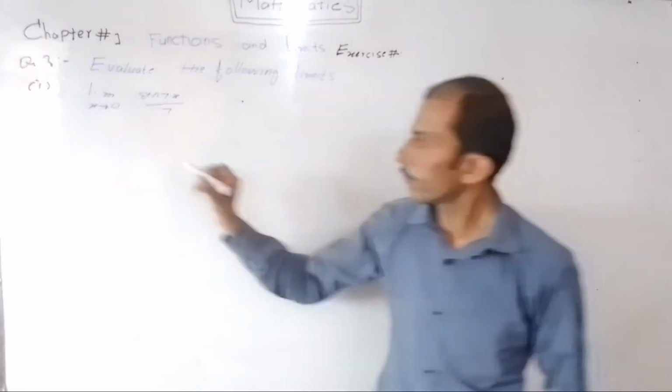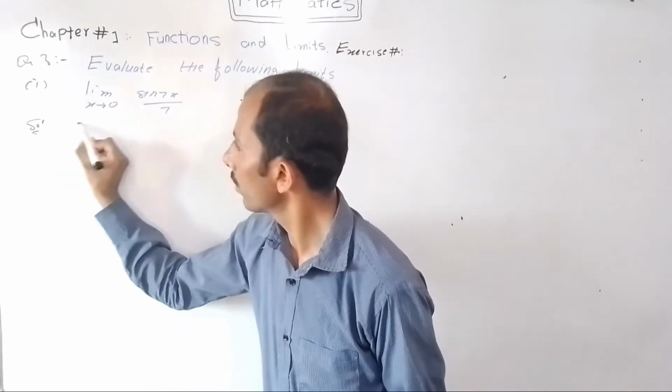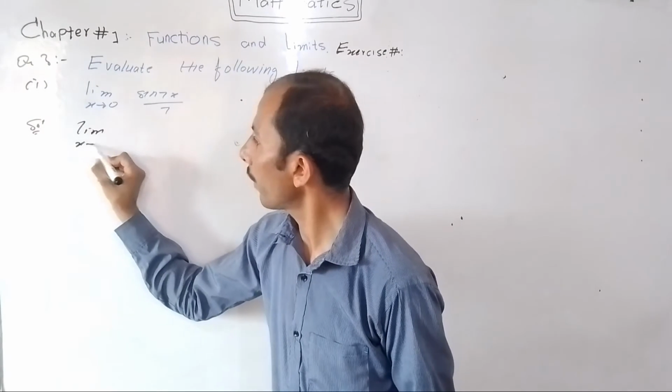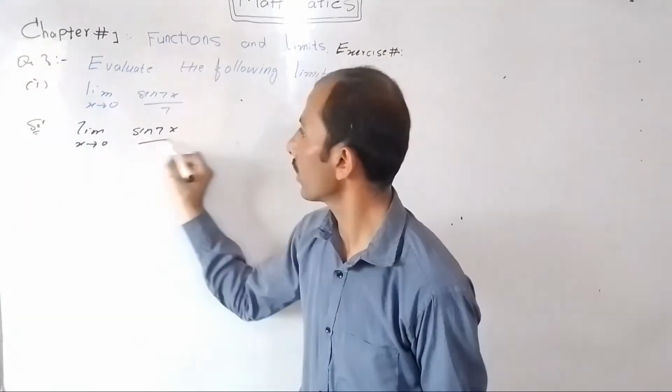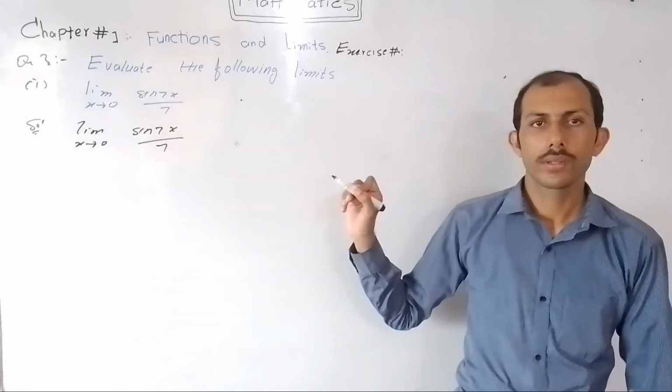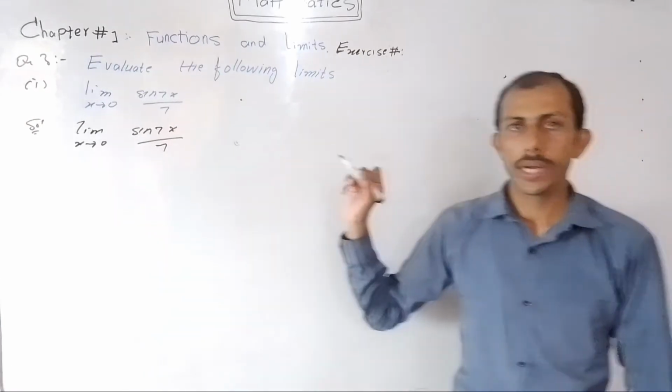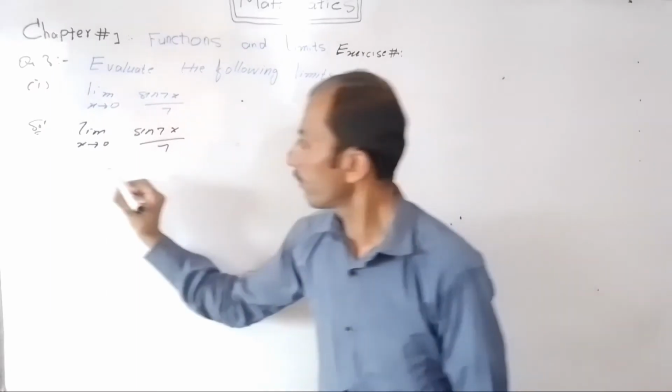Limit x approaches to 0 of sin 7x divided by x, multiplying and dividing by 7.